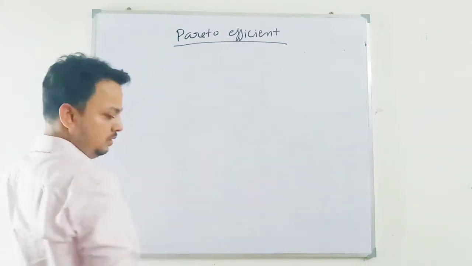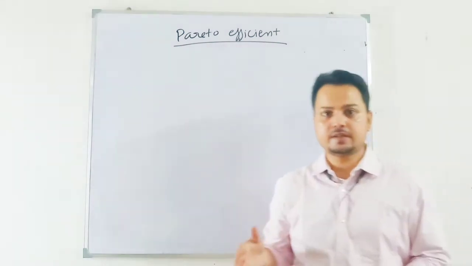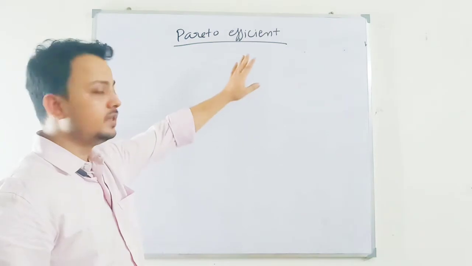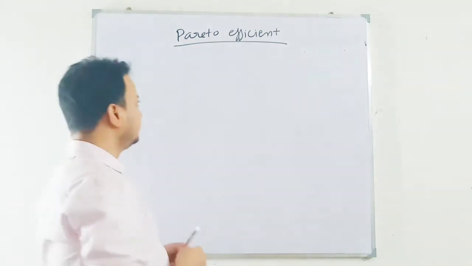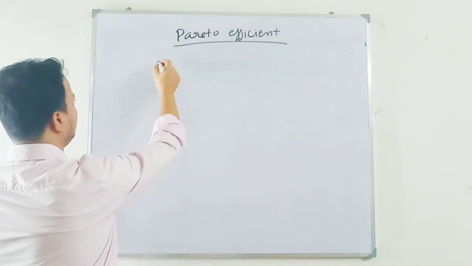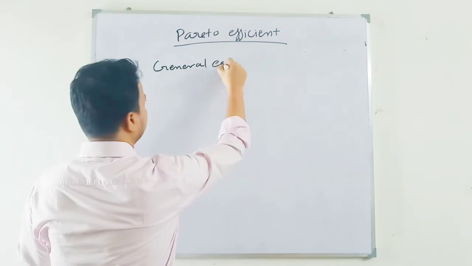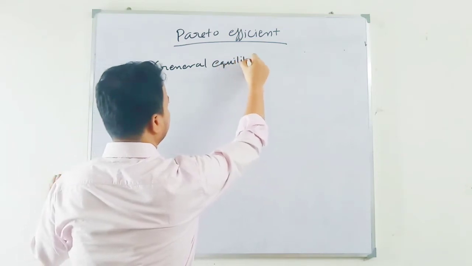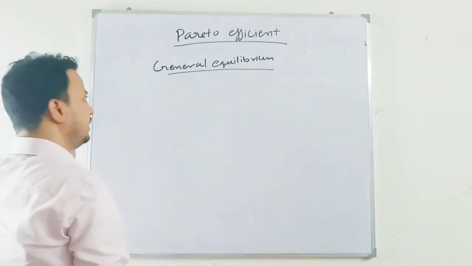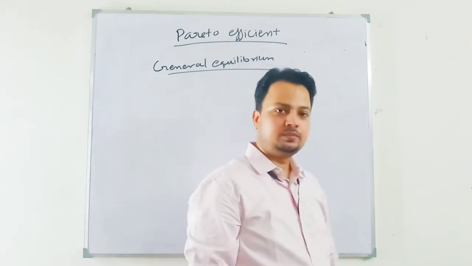When we do welfare economics, we look at various efficiency criteria, and Pareto efficiency is one of them. When we do general equilibrium, we look at simultaneous equilibrium in the markets.